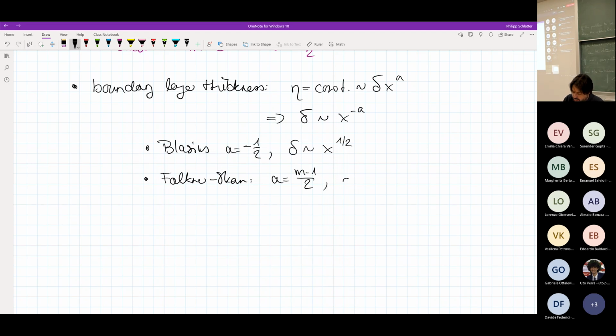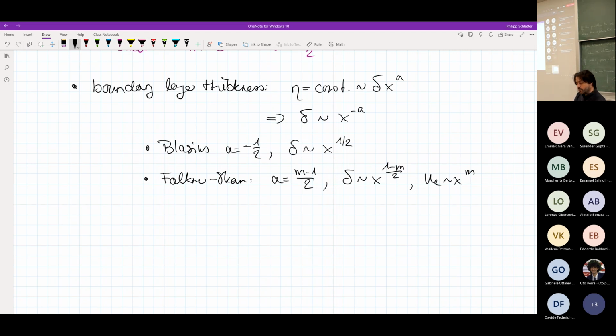So that means my delta is now proportional to x to the (1 minus m) divided by 2. And my free stream velocity, of course, is proportional to x to the m. Of course, now we see again, if m is 0, we get the Blasius again. That's of course very good.